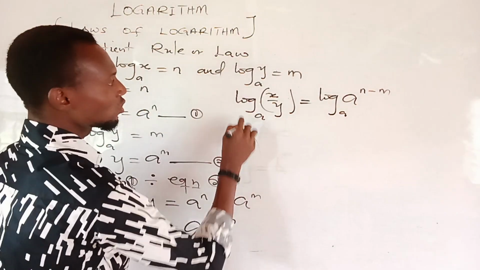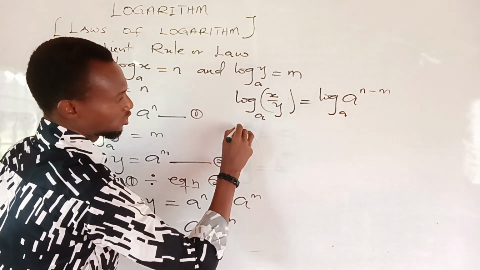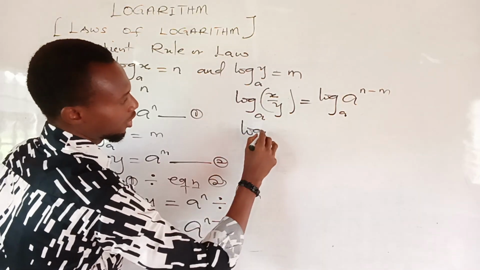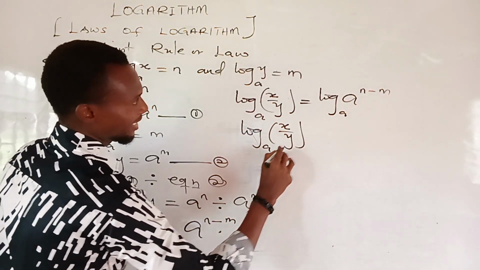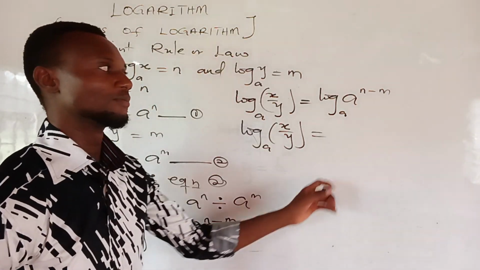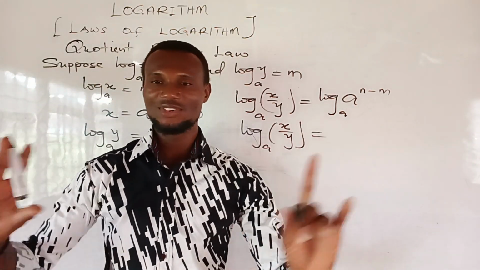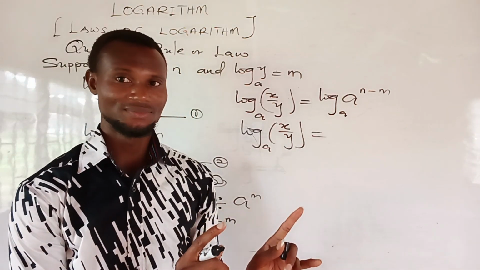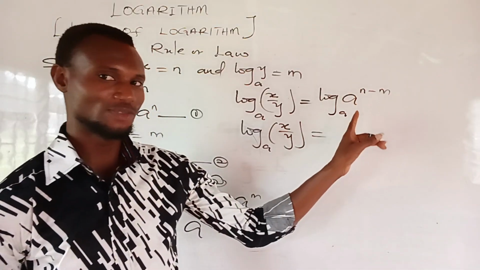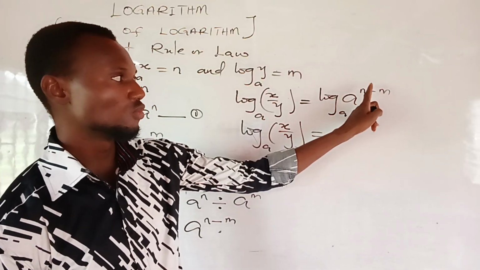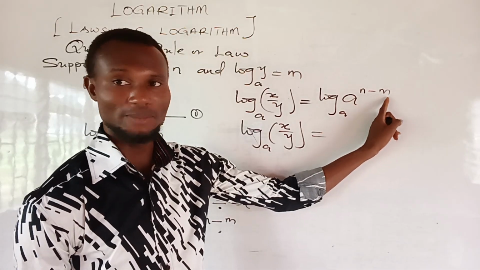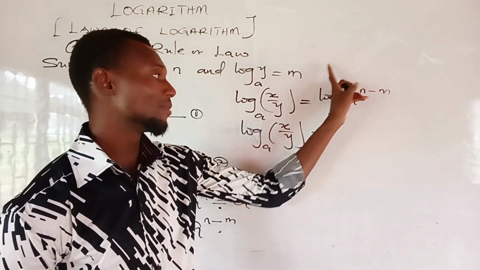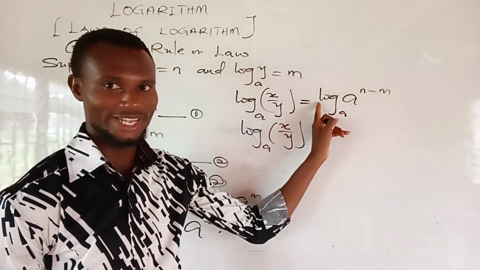Okay, so now I'm going to repeat my log of s over y to the base a equals. Now, if you remember, in the previous videos we learned a property which is very important. You're applying that property here. So we learned that the power that we have here, which is the n minus m, can come and become a coefficient to the log here.